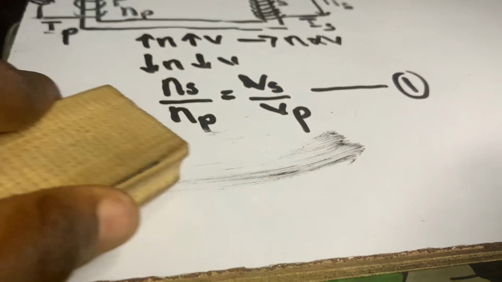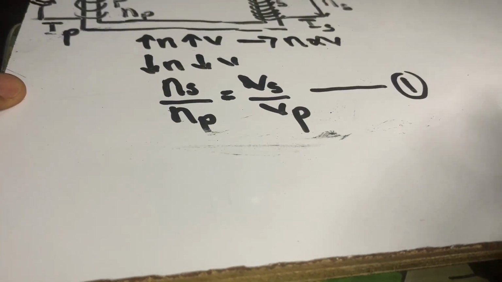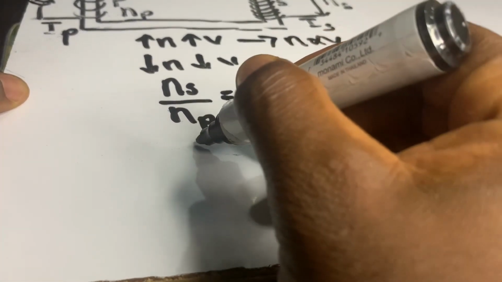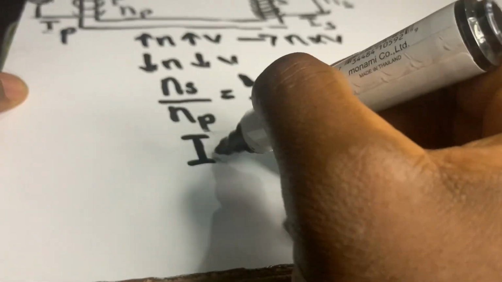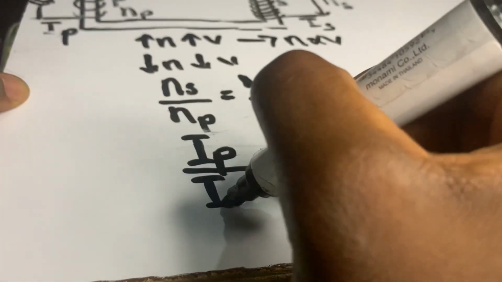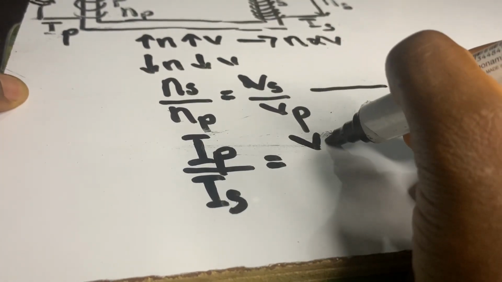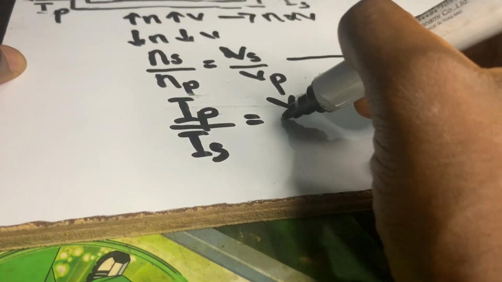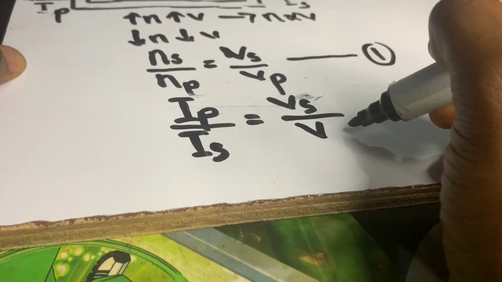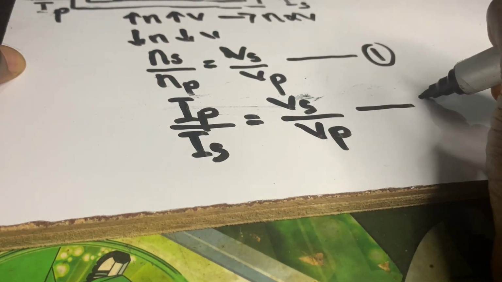So if we take the current on the primary coil and divide it by the current on the secondary coil, it should give us the voltage on the secondary coil divided by the voltage on the primary coil. So this will be our second equation under transformers.